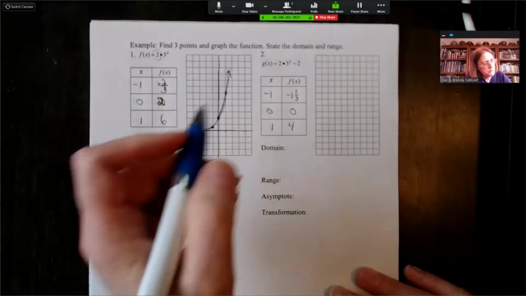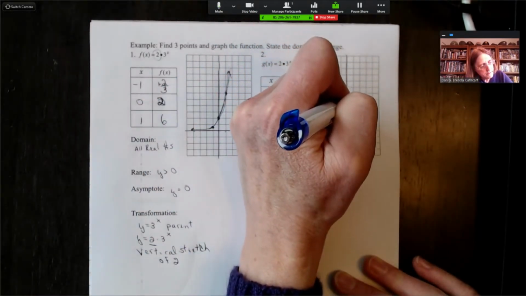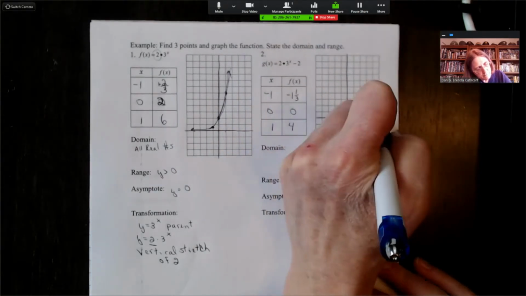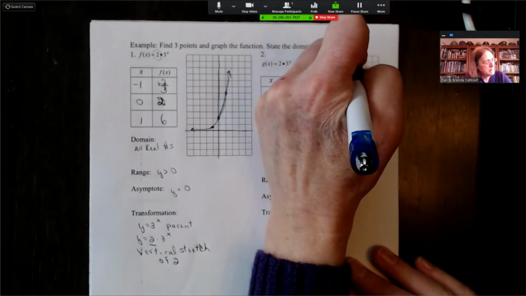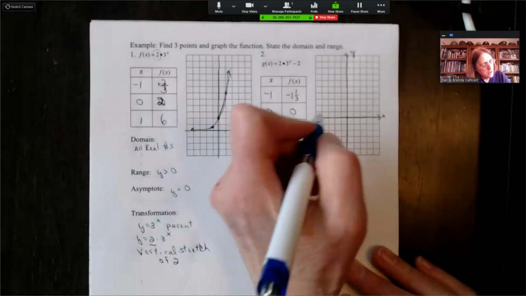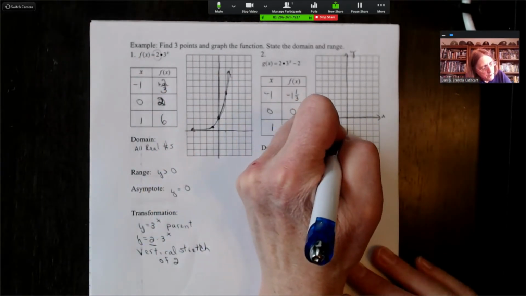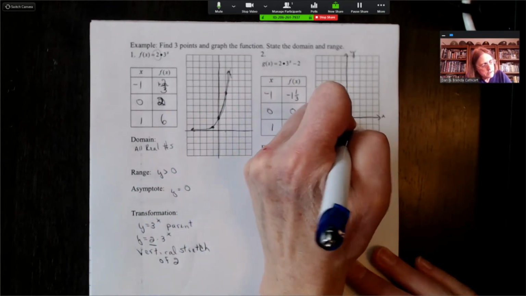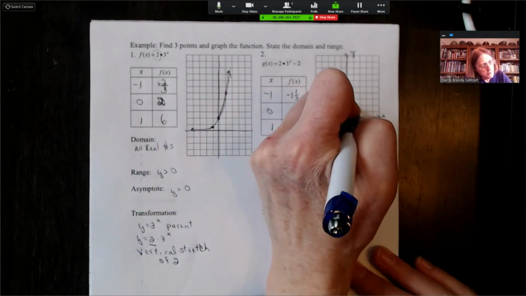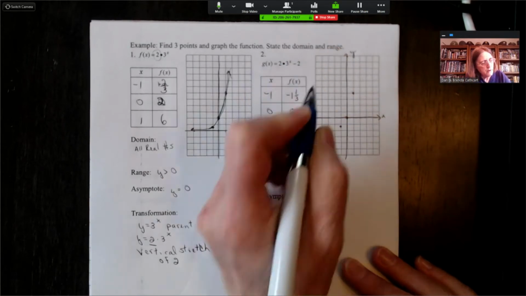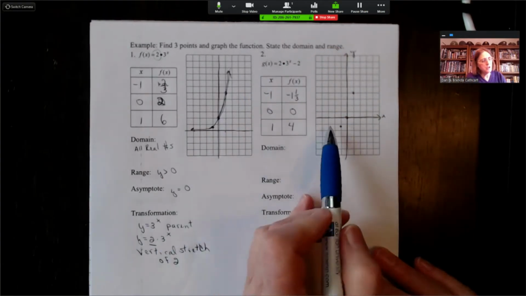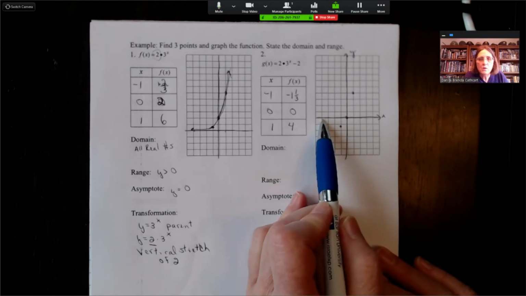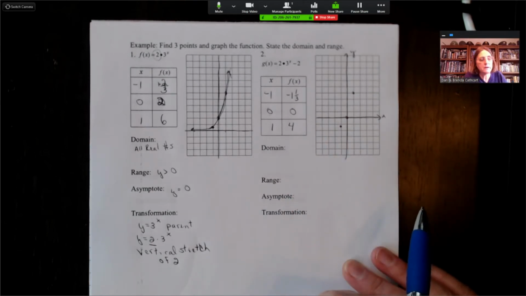Let's graph and see what this graph looks like. -1 is at -1 and 1/3, 0 is at 0, and 1 is at 4. Well, now that's strange. We've crossed over the x-axis. Why did we cross over the x-axis?